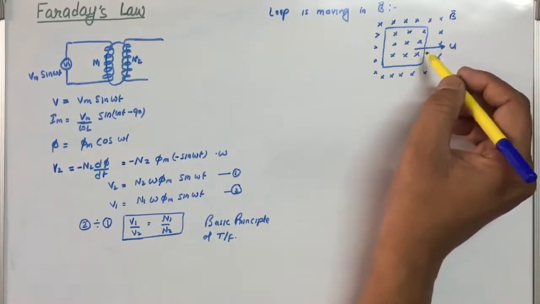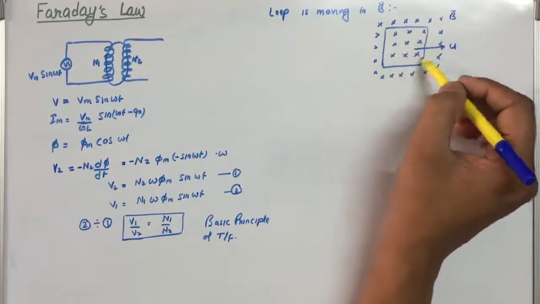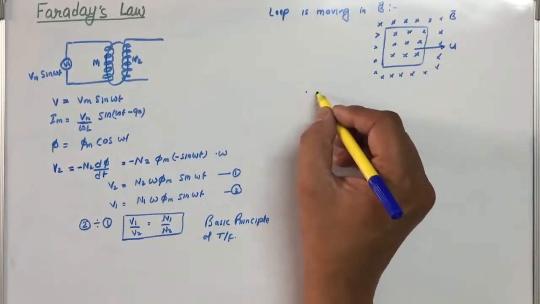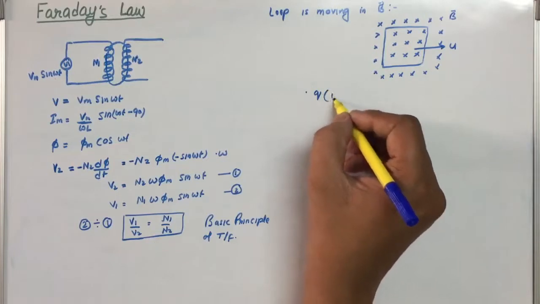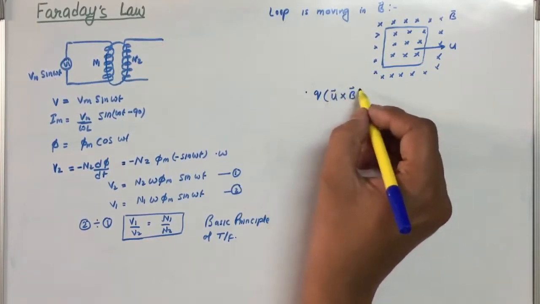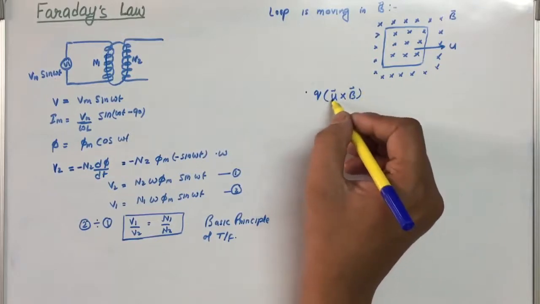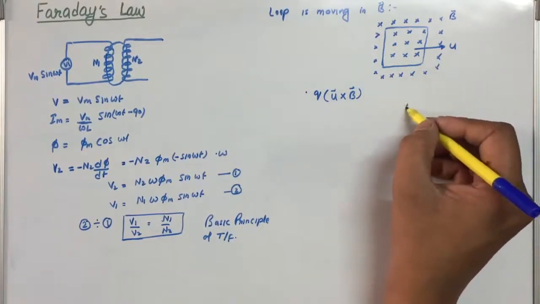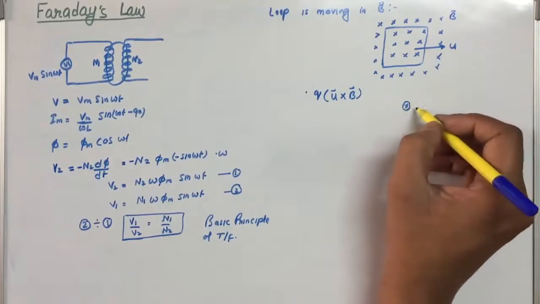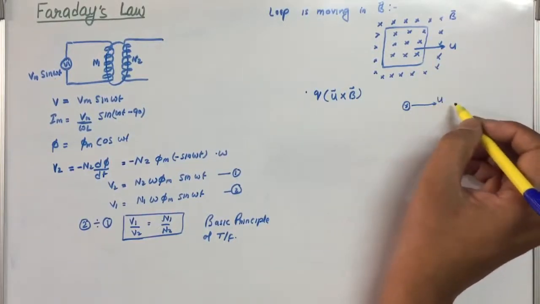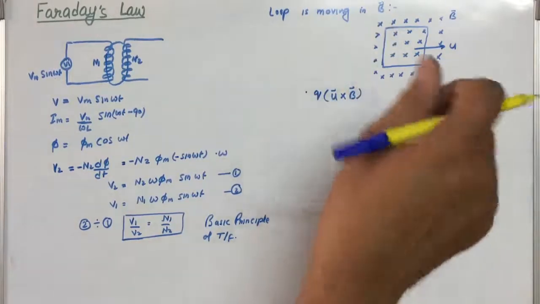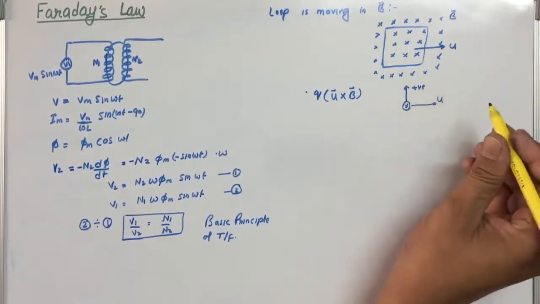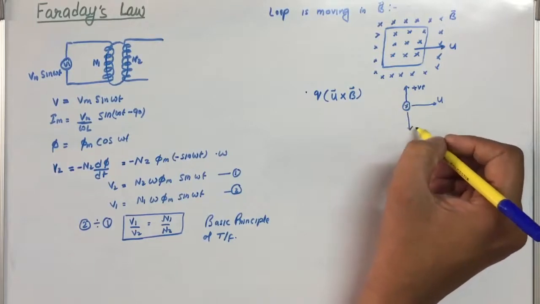The force on the charge placed in the loop can be written as Q U cross B. We have seen that the force is IL cross B, and from there IL can be written like this, cross B. In this case, if the field is inside and the motion is towards the right, then the force will be in this direction for a positive charge, and in the opposite direction for a negative charge.